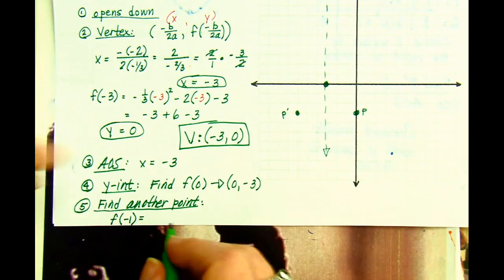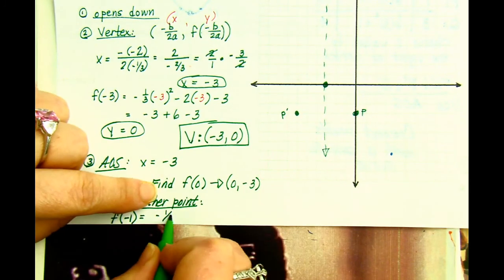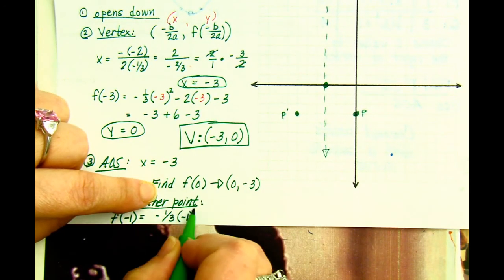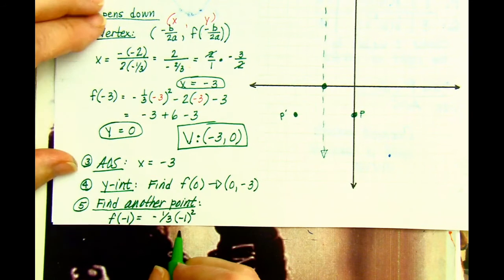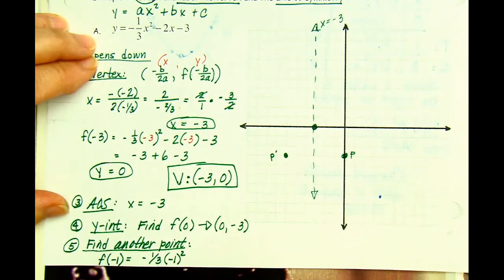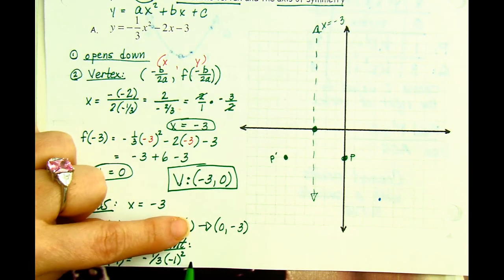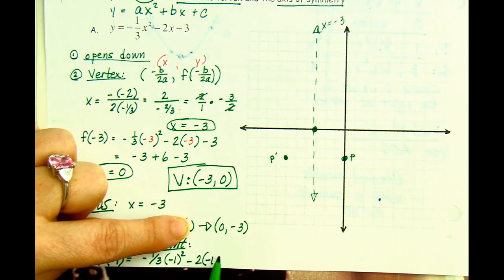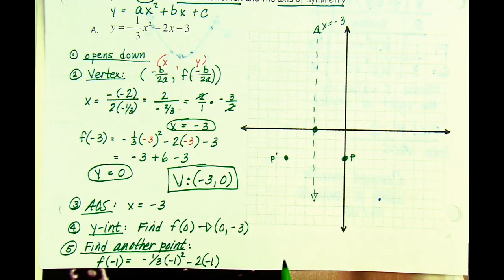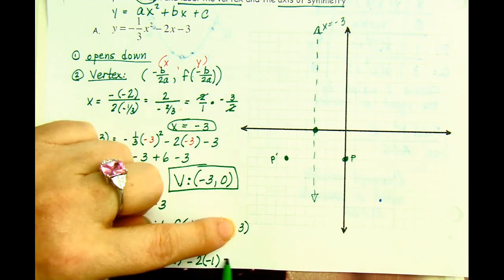All right, so I'm going to do negative 1/3 times negative 1 squared. Remember, I'm using the original equation, which is back up here at the top. Okay, negative 1/3. I'm putting a negative 1 in to square it. Subtract 2 times negative 1. And then I'm going to subtract 3.